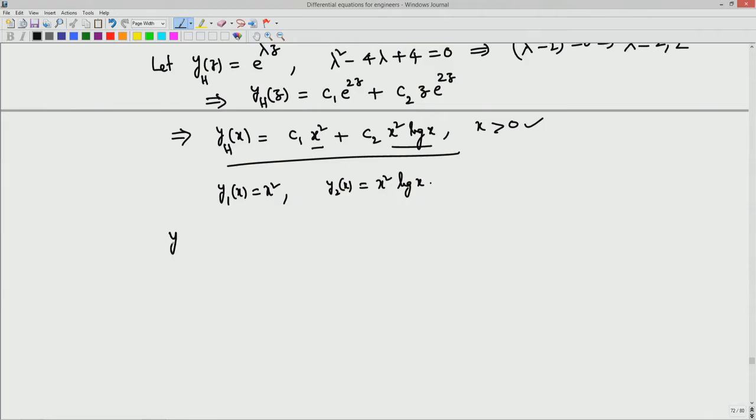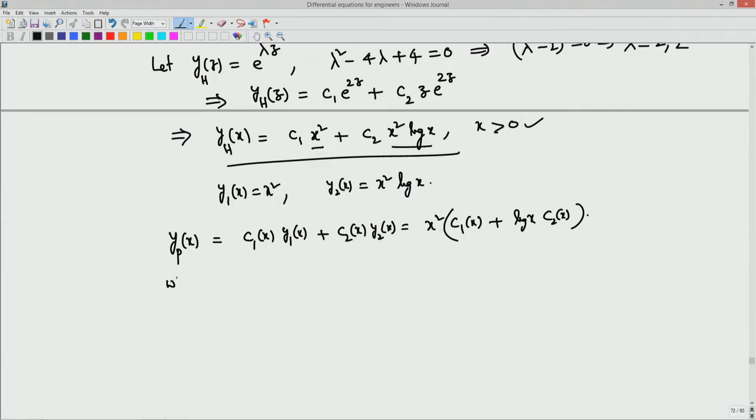So, you look for yp of x by the variation of parameters method. You look for c1 of x y1 of x plus c2 of x y2 of x, that is x square c1 of x plus x square log x c2 of x, where c1 and c2 satisfy the following.